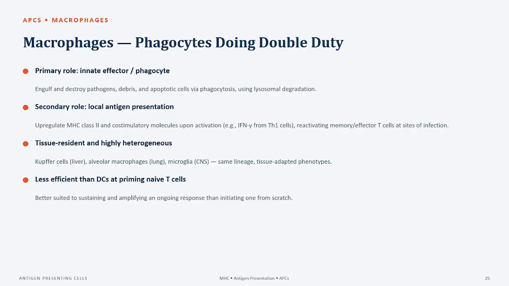Then you have the Kupffer cells in the liver, the alveolar macrophages in the lung, and microglia in the central nervous system. They have the same lineage but tissue adapted phenotypes. They are less efficient than the dendritic cells, but they're better suited to sustain and amplify an ongoing response rather than initiating one from scratch.